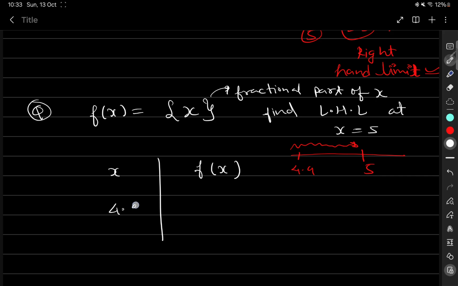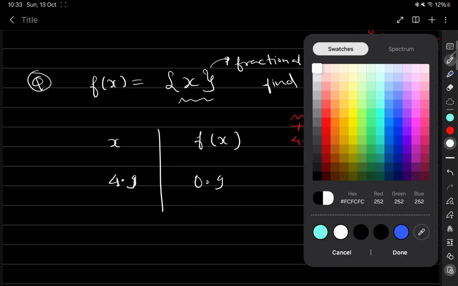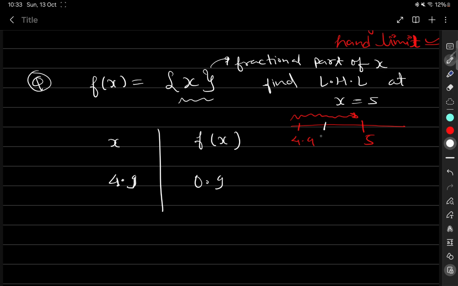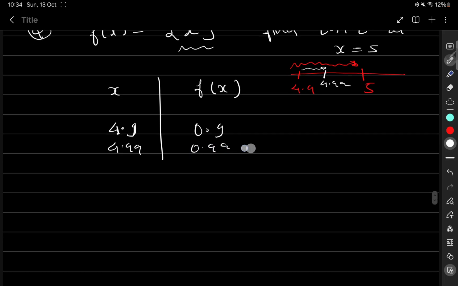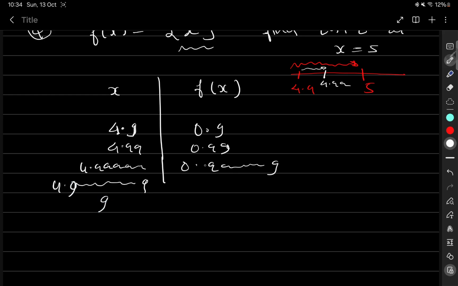The fractional part of x we are getting is 0.9. Now move more towards 5, so this will be 4.99, and I am getting 0.99. Then 4.99999, and I am getting 0.99999. If I take more 9s, it will be 0.99999.